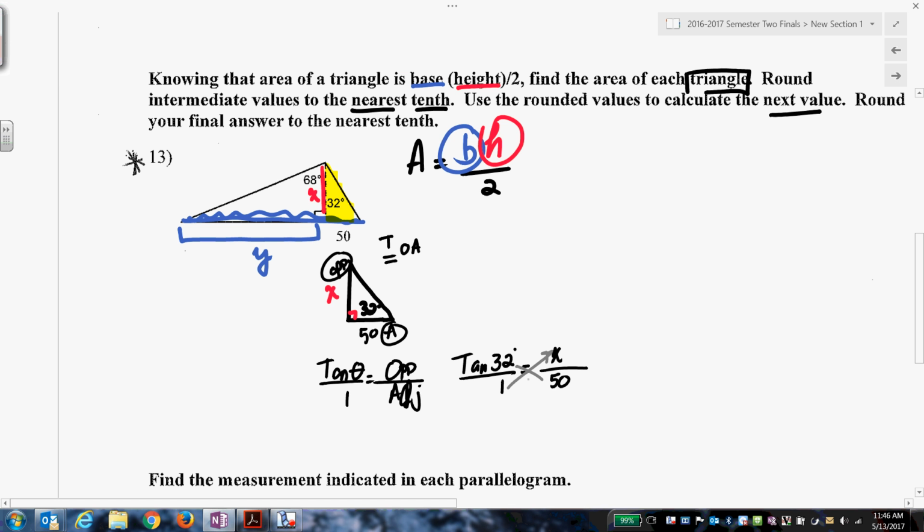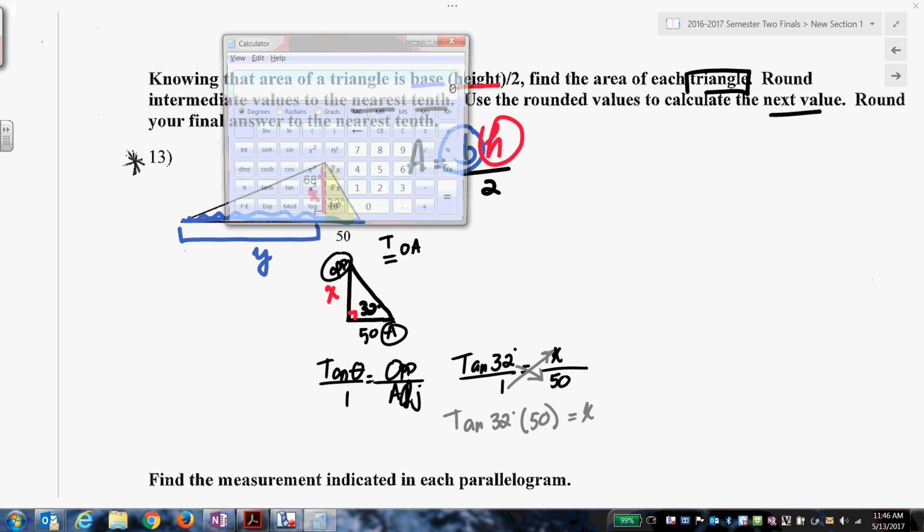Cross multiply. Don't touch a calculator until x is by itself. It's tan 32 times 50 is going to give us x.